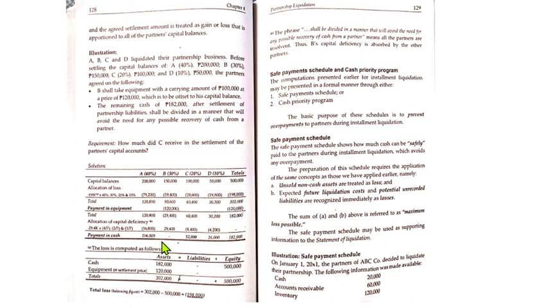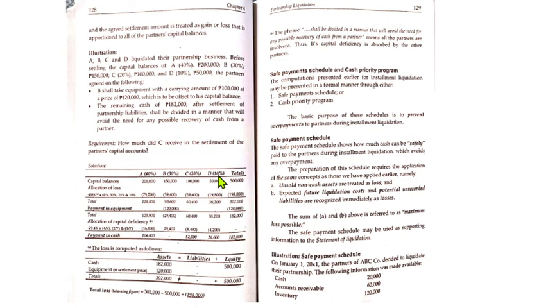How do you compute? 40% plus 20% plus 10% is 70%. So, yun yung denominator mo. 40 over 70%, 20 over 70%, and then 10 over 70%. Or simply 4 over 7, 2 over 7, and 1 over 7.